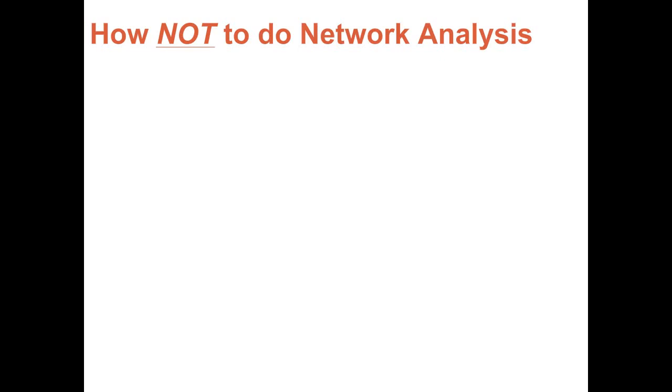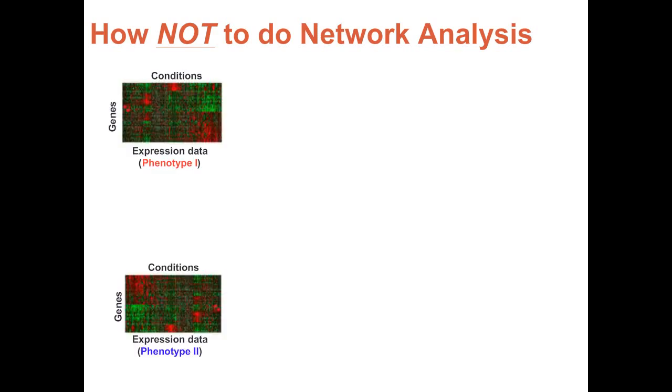I stole a few slides from him on how not to do network analysis. Once I explain how not to, I'm going to explain the approach, the pipeline that we developed to normalize and do quality control of large high-throughput RNA-seq data so that we could get good, robust networks out.